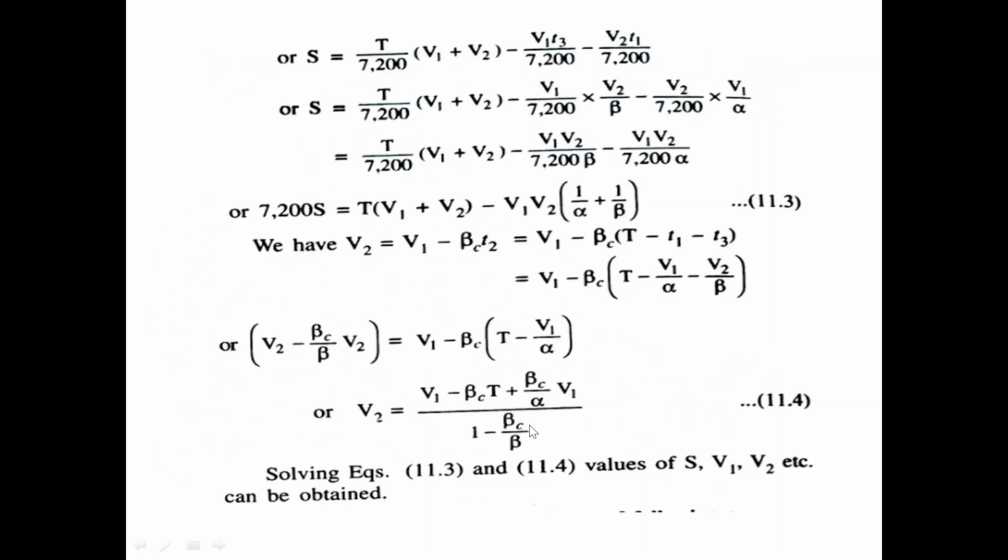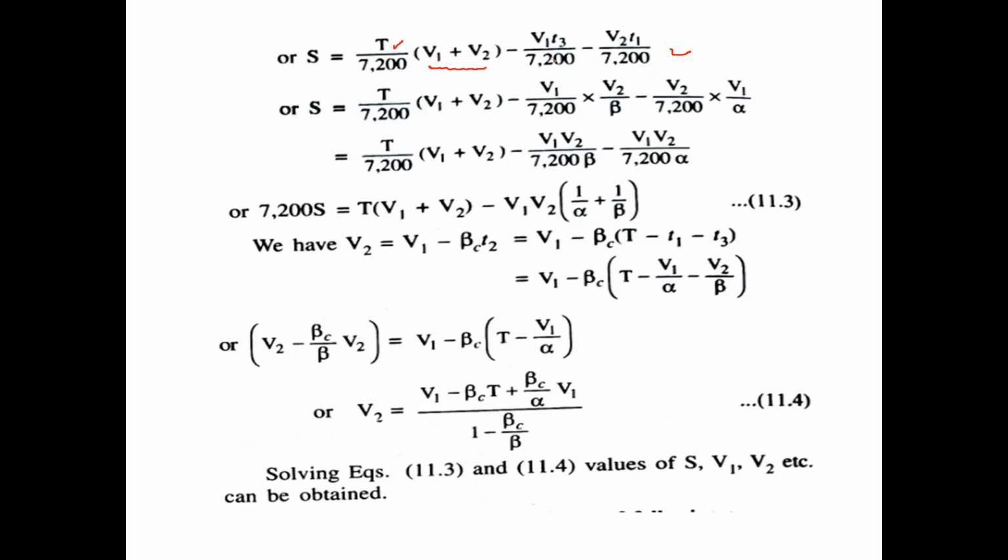Now T is taken common, and then it is V1 plus V2, and here some manipulation is done.